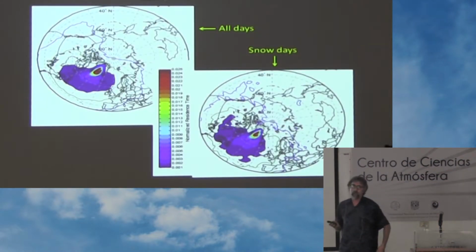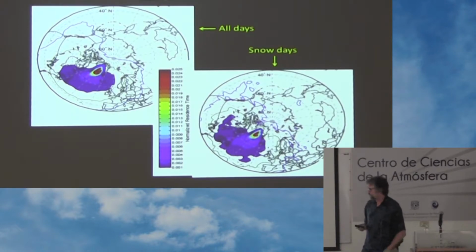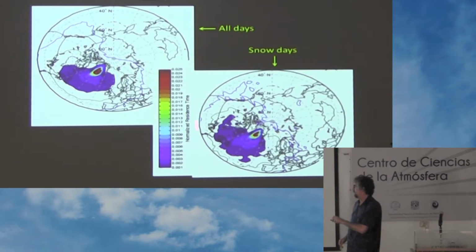So we calculated trajectories, one per day for, I don't remember how many years, I think 15 years. And calculated the residence time. And what you see here is a plot of the residence time. This is the center of Greenland. Okay, and it's normalized residence time, which means we take the number of hours in each grid cell and we divide it by the total number of hours for all of the trajectories.